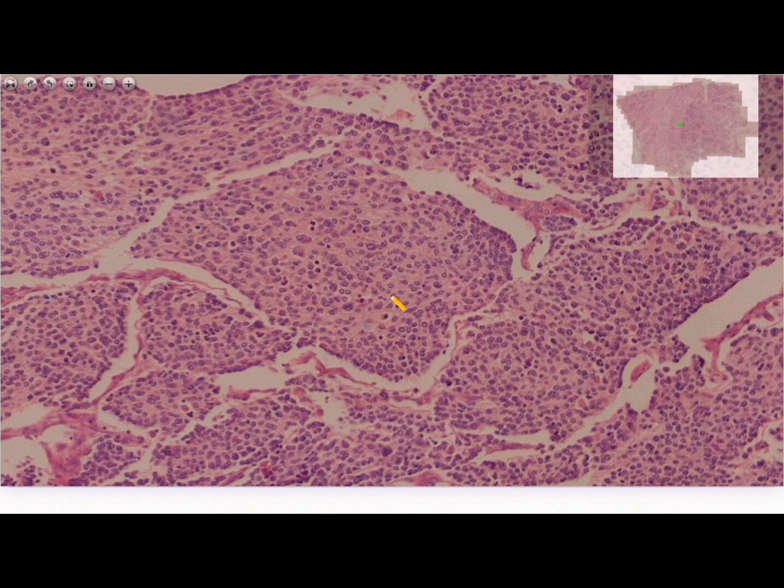That's eosinophilic fibrillary material between the cells, and it has a name: neuropil. Just as a reminder, neuropil is a network of dendritic and axonal processes, and whenever you see this eosinophilic fibrillary material, which is shown as light pink material here, you can say that this tumor has a neural origin.